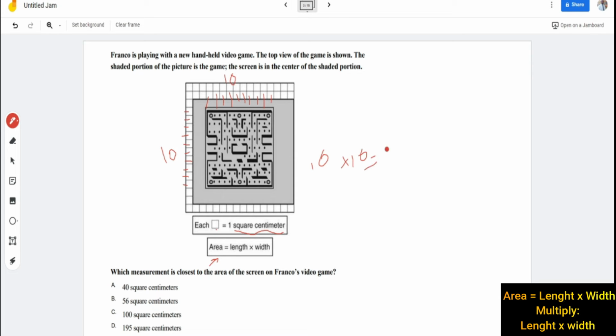We know that 10 times 10 is equal to 100. So this is the area of that, in square centimeters. So our answer to this is C.